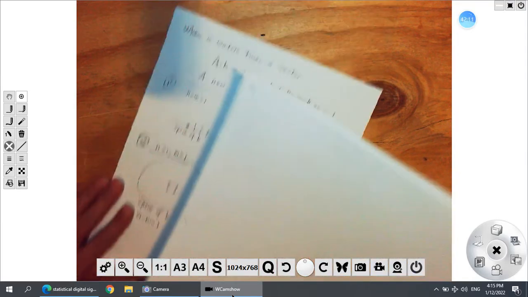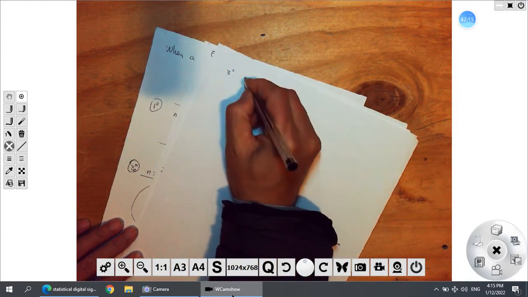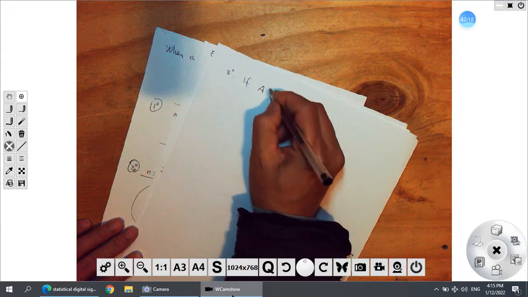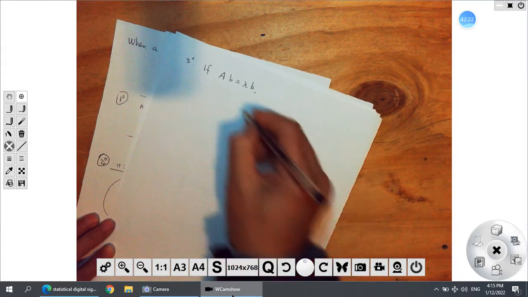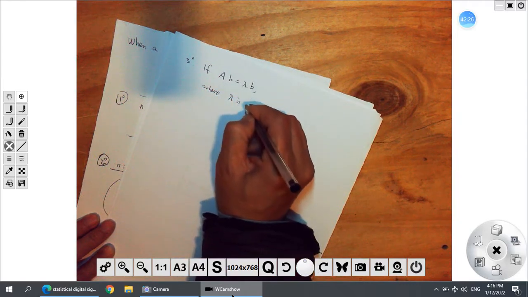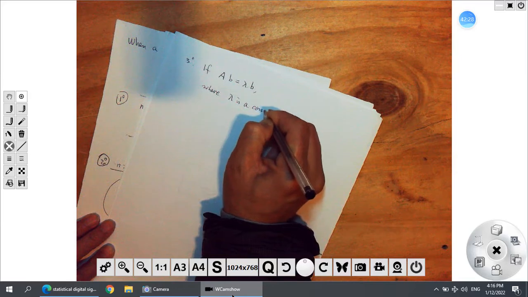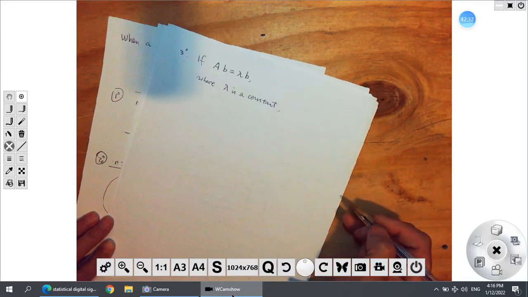And the special, third case: if A B equals lambda B, where lambda is a constant, not a vector, it's a constant.